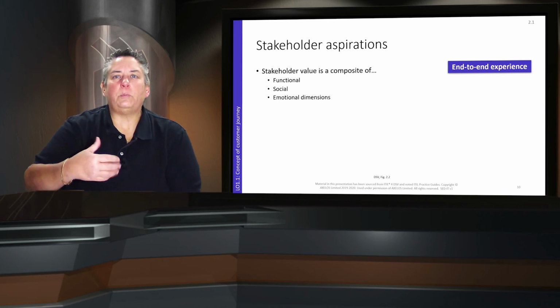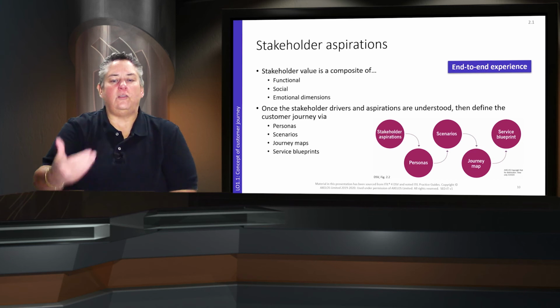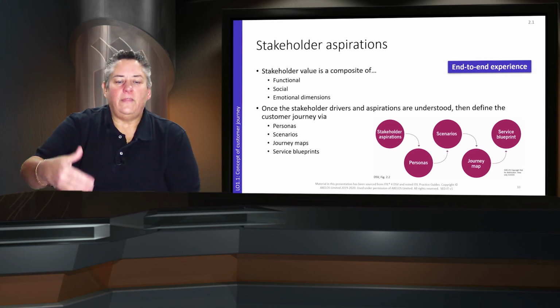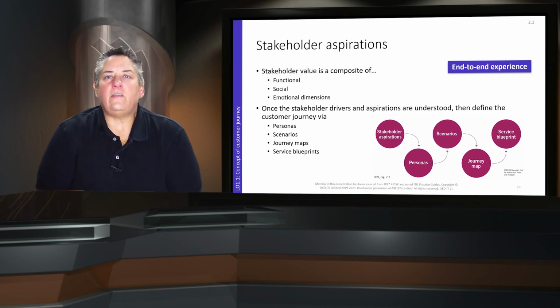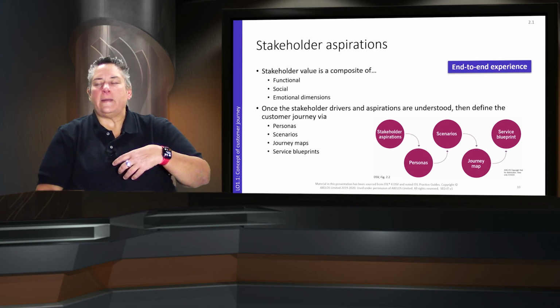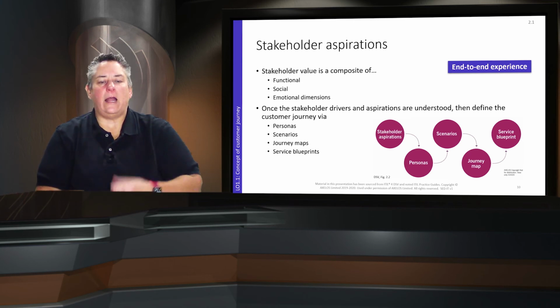And I think the word personality is perfect at this place, because once we do know this, then we can define that customer journey via a set of personas, which are characteristics that we can apply to a group.